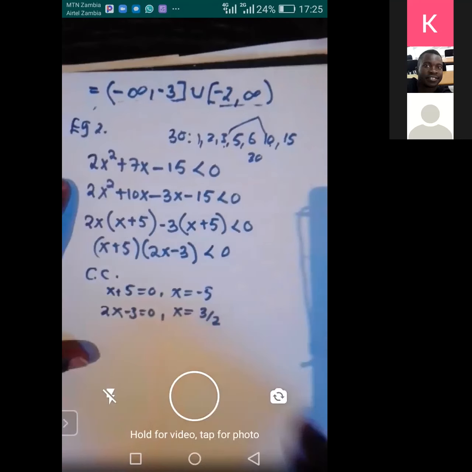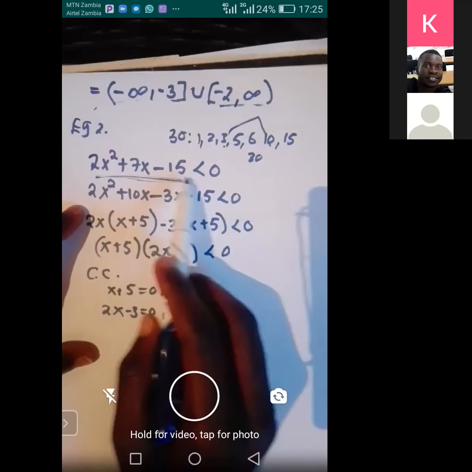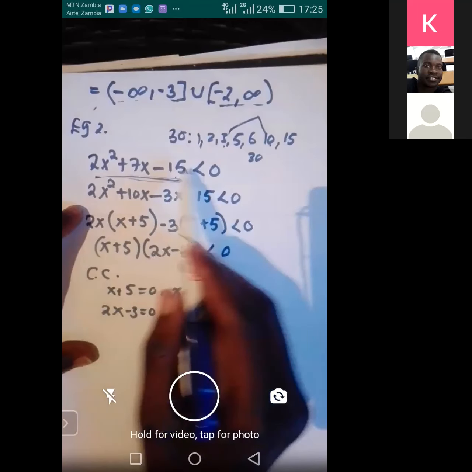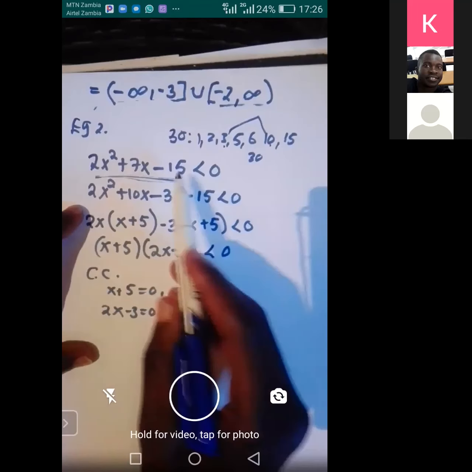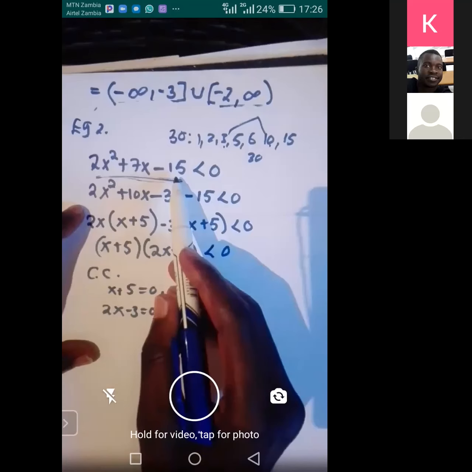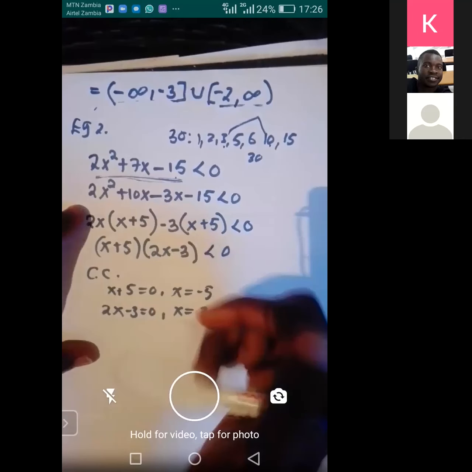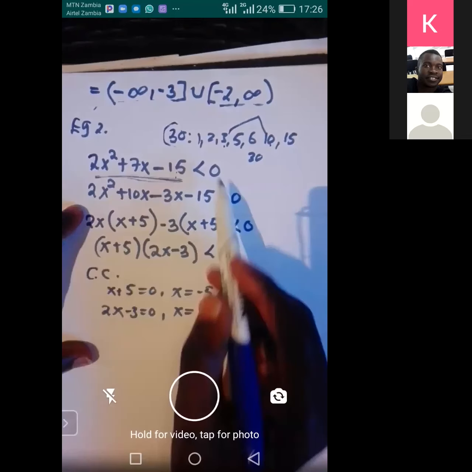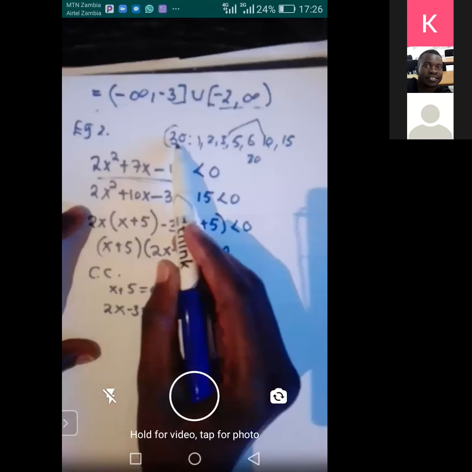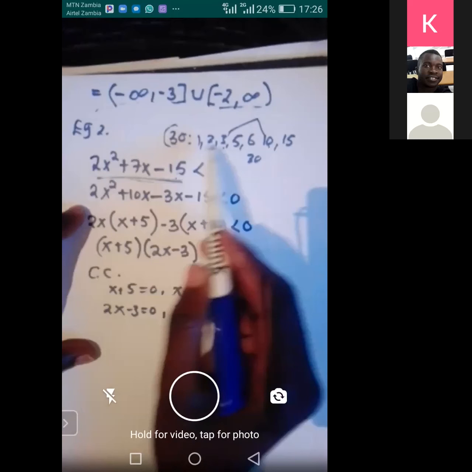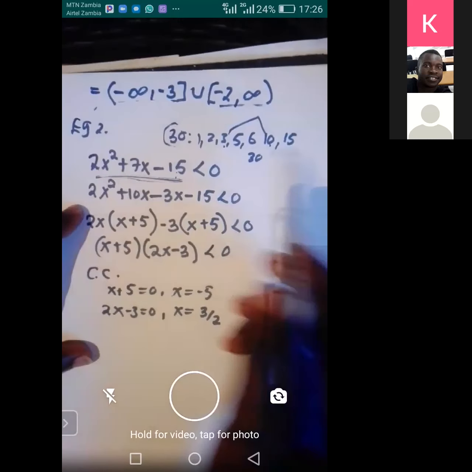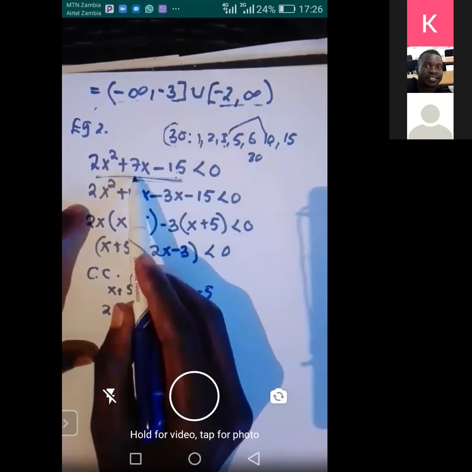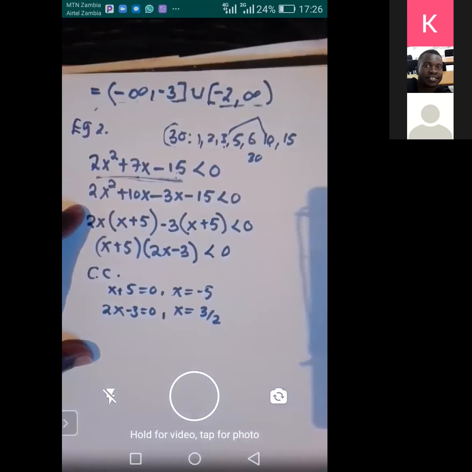So you get this product here, then you get two factors of the product, this one, 2 times 15, which is 30. Then you're going to find factors of 30, then you pick two factors of 30, which when you multiply, you get 30, and when you add, you get 7x there. You get a 7 here.